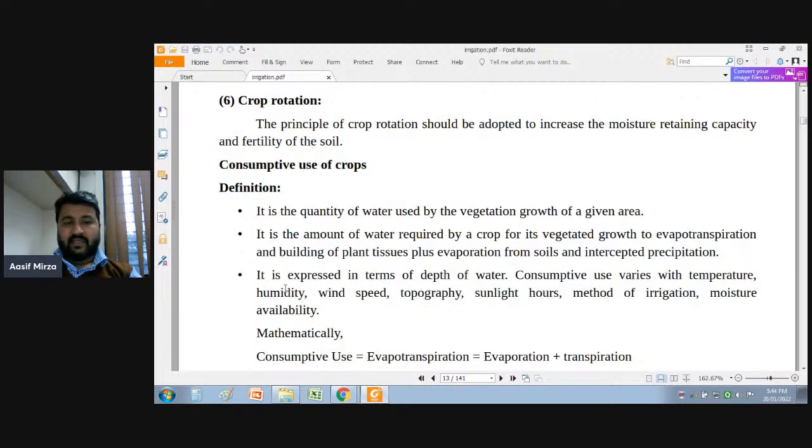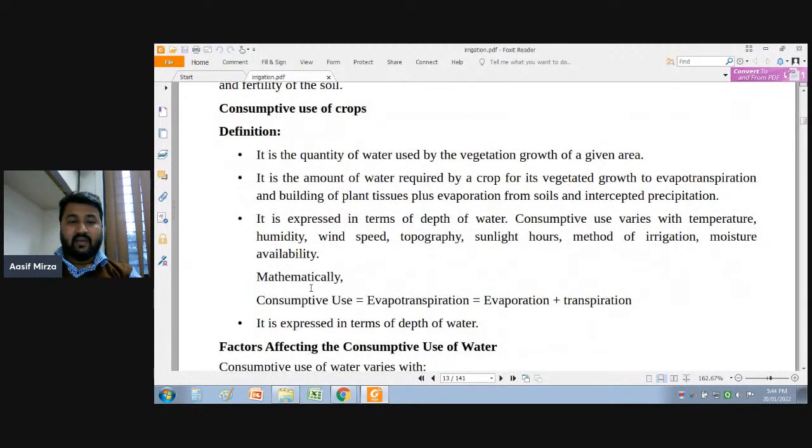It is expressed in terms of depth of water. Consumptive use varies with temperature, humidity, wind speed, topography, sunlight hours, method of irrigation, and moisture availability. Mathematically, consumptive use equals evapotranspiration, which equals evaporation plus transpiration, and it is expressed in terms of depth of water.